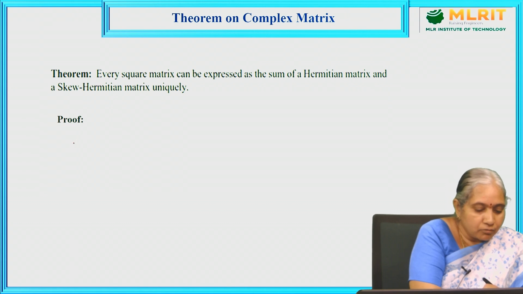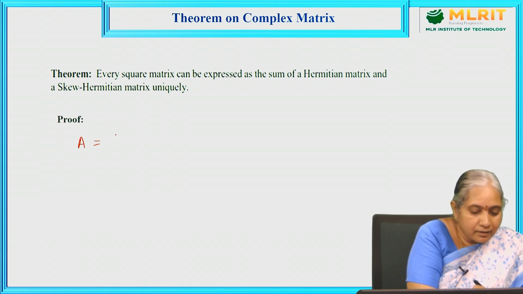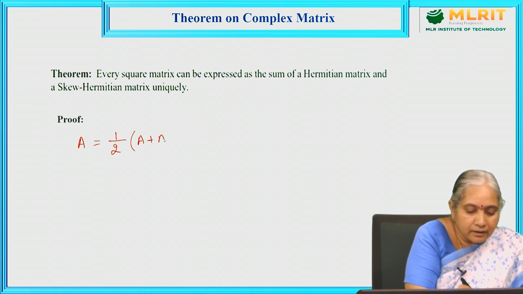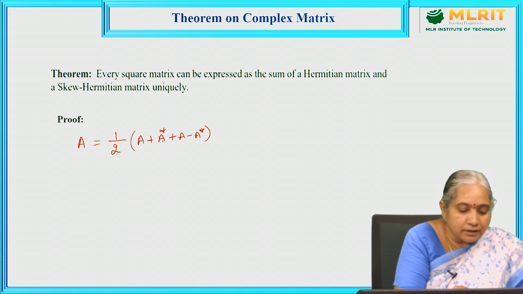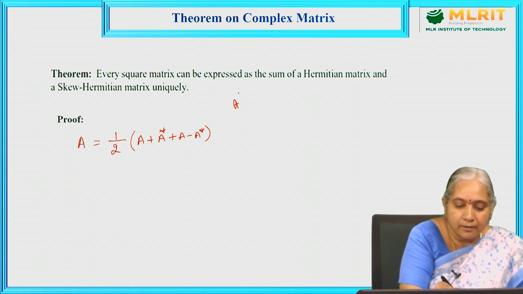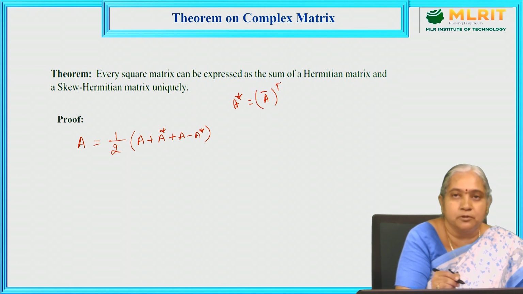Here also we take the square matrix A and write it as 1 by 2 into A plus A star plus A minus A star, adding and subtracting A star, where A star is the conjugate of the transpose matrix.